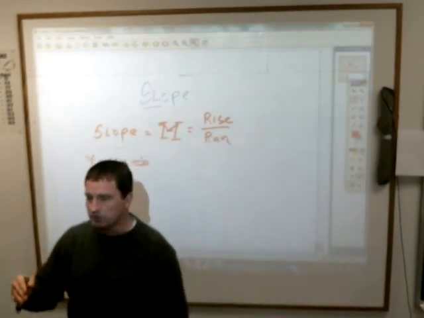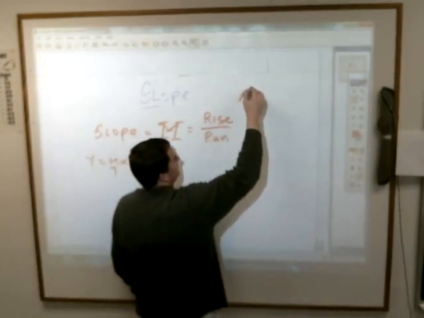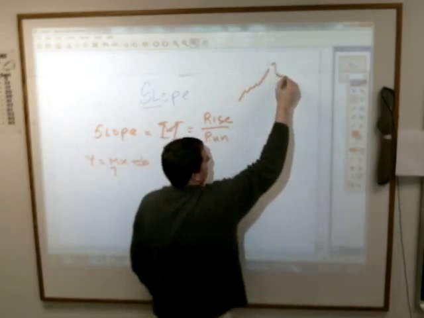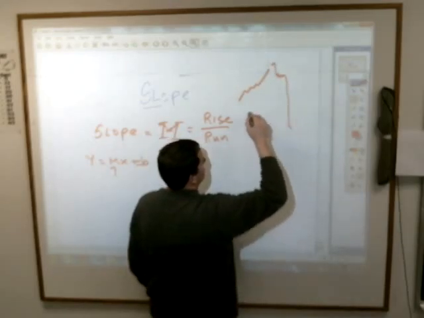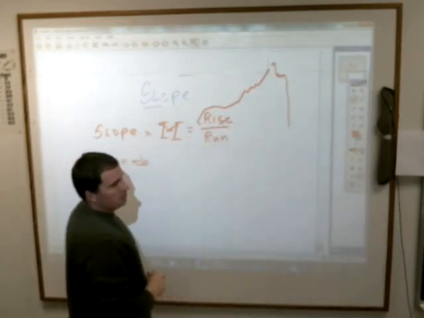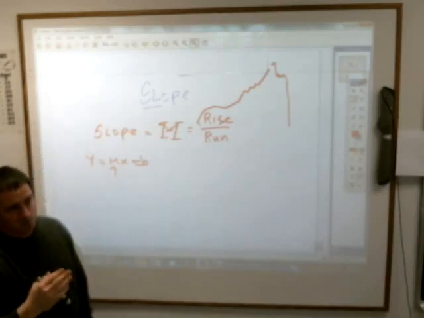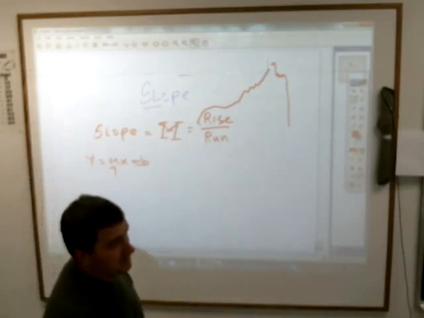if something has more slope, what's that mean? You've got your mountain or your hill. More slope, Nick, means it's steeper. In other words, the rate of change of the ground is more.